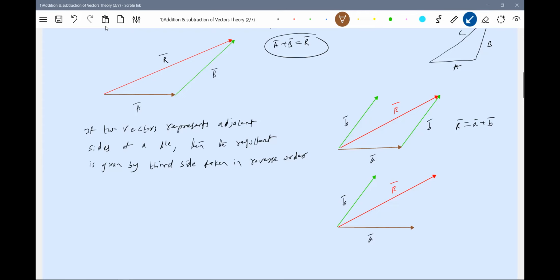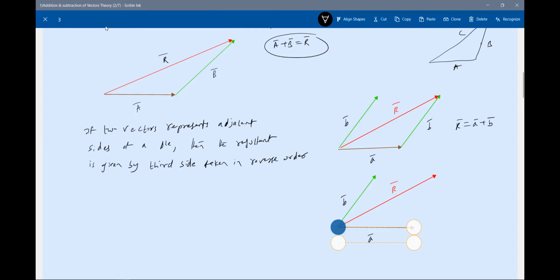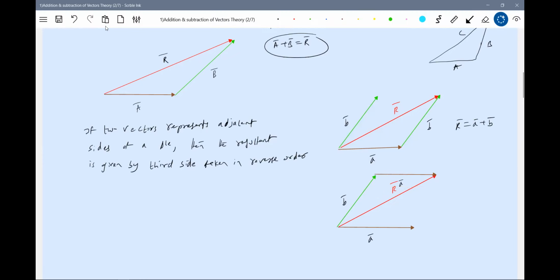So what we do is we are going to shift the vector a bar. I'll show this, it'll be easy for you to learn. I'm going to shift it. You can see that. So finally, I got the same a bar, same resultant.